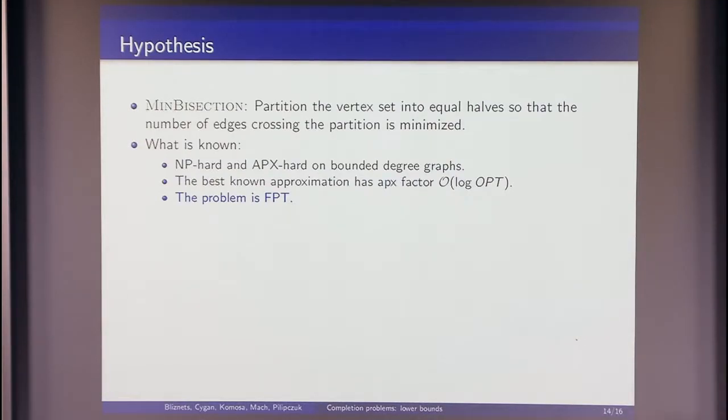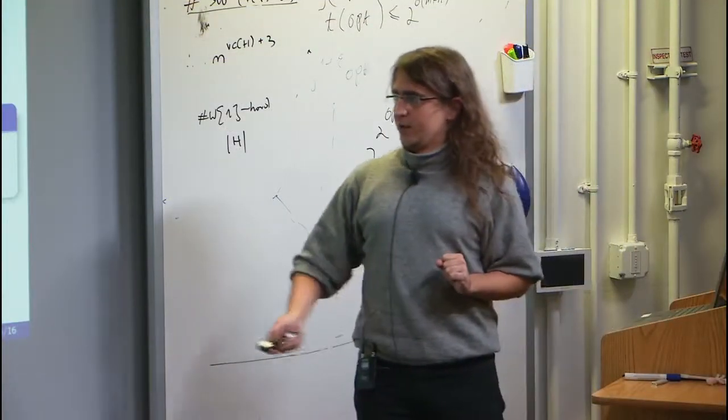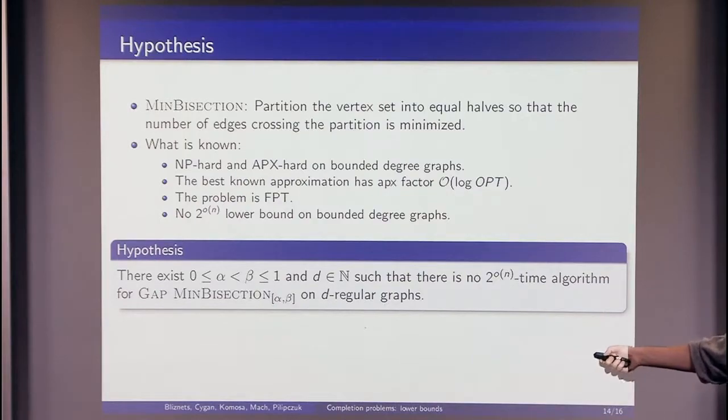The problem is FPT. This is just a side remark. We proved it a few years ago. And even on bounded degree graphs, there is no known sub-exponential hardness of this problem under ETH. So it is perfectly okay with our knowledge so far that maybe on degree 10 graphs there is a 2 to the square root of n algorithm for min bisection. So we assume that this doesn't hold, and moreover we assume that gap min bisection is actually hard on some d-regular graphs.